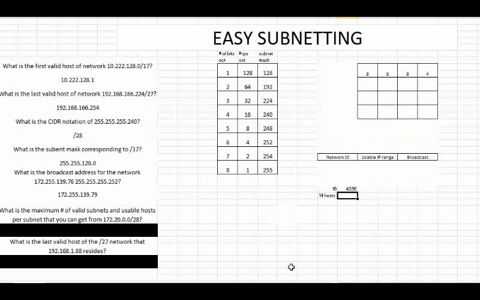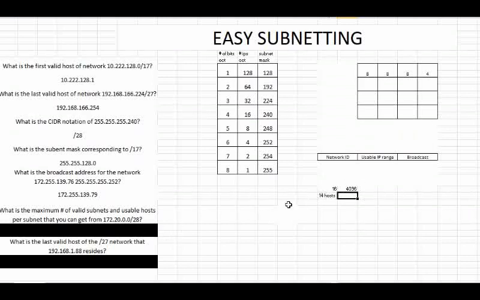It's going to be 4096. Now, if you're in the middle of an exam, yeah, you might have to write that out and do long multiplication or however you want to do it to figure out the exact number there. But that's what you're going to come out with. So 4,096 subnets with 14 valid hosts per subnet.